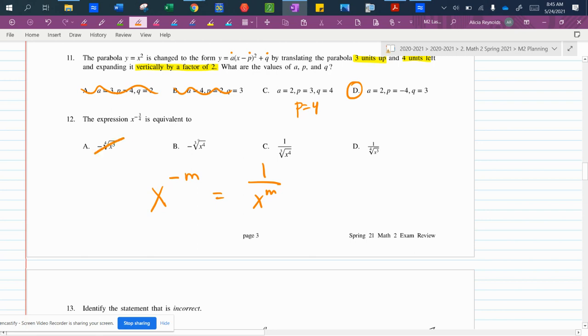A and B. If I have x to the a over b, the index is the denominator. A is the exponent. So the number on the bottom goes in the root. The number on top becomes the exponent. So what is my answer? Say again? D. Very good.